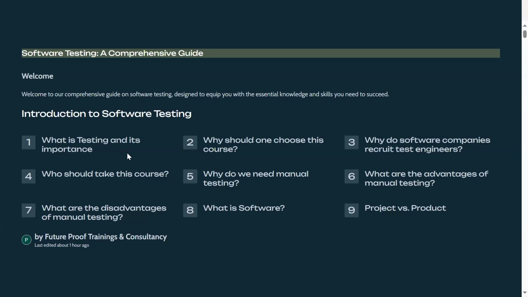Okay. So basically here testing is nothing but questioning a product in order to evaluate it. That means the primary goal of testing is to identify bugs, defects, and usability issues before the software is released.